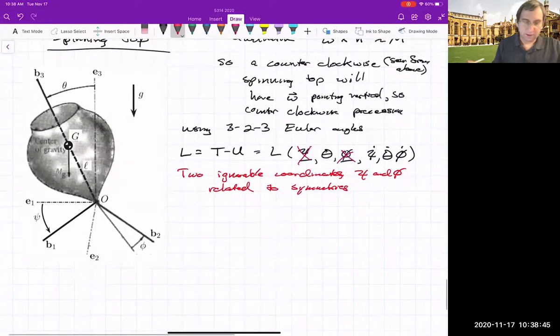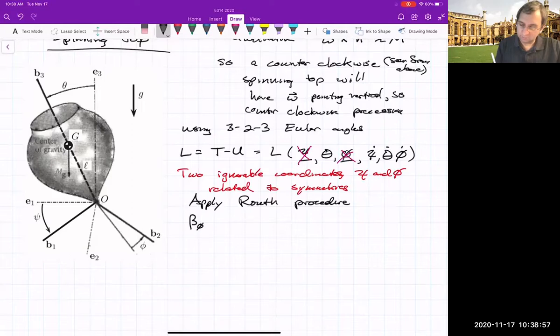And then we would apply the Routh procedure. And we would get beta sub phi, partial L partial phi dot, is I3 times phi dot plus psi dot cosine theta.